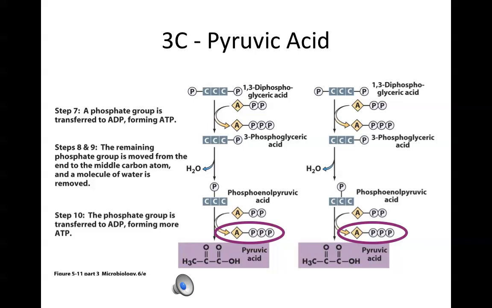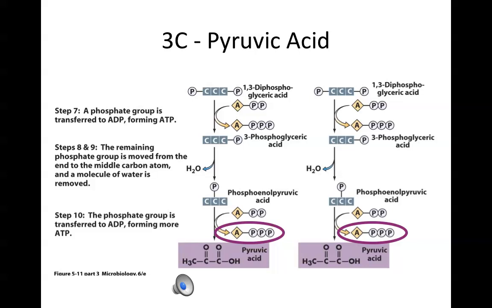Now to get to that point, we now have the 1,3-diphosphoglyceric acid molecules, 3-carbon molecules with a phosphate group on either end. We're going to dephosphorylate into 3-phosphoglyceric acid. Dephosphorylation means we're removing a phosphate group. We remove a phosphate group from one end of the molecule.